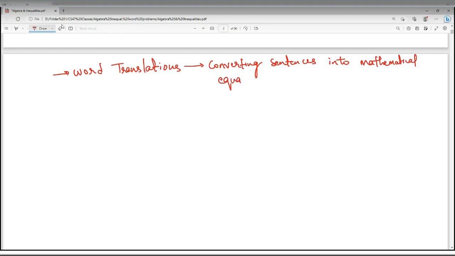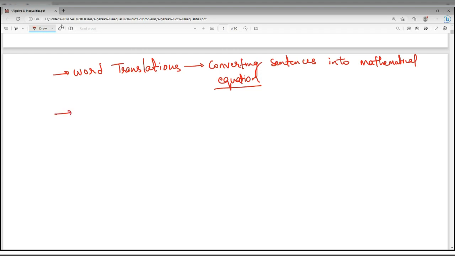So this is the foremost skill that you would require. You have to be very clear and pay a lot of attention when you are converting the sentences into the mathematical equations.